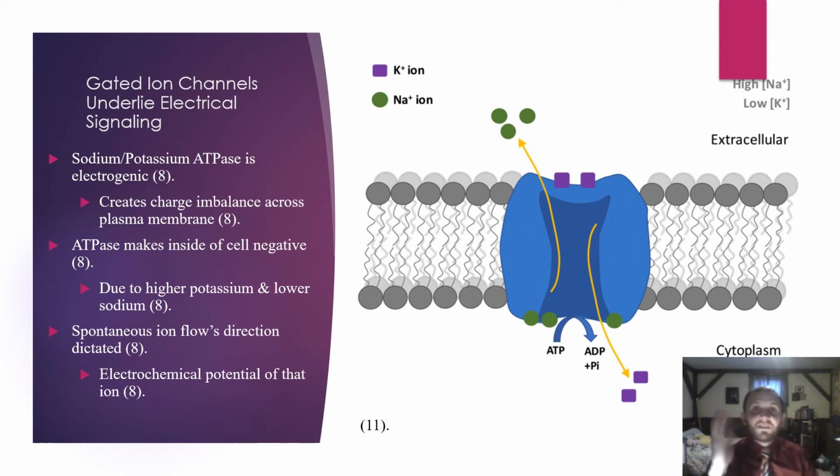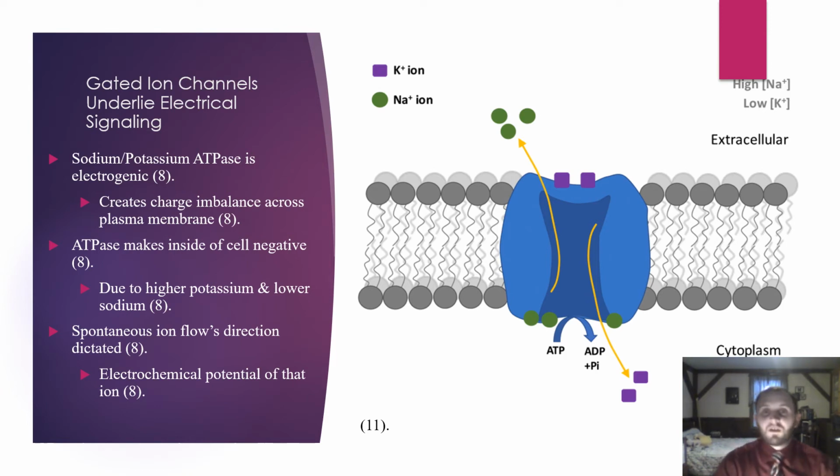What that means is it creates this charge imbalance across the plasma membrane by carrying the sodium out of the cell, as you can see, for every 2 potassium ions coming in. So the action of the ATPase makes the inside of the cell negative relative to the outside.